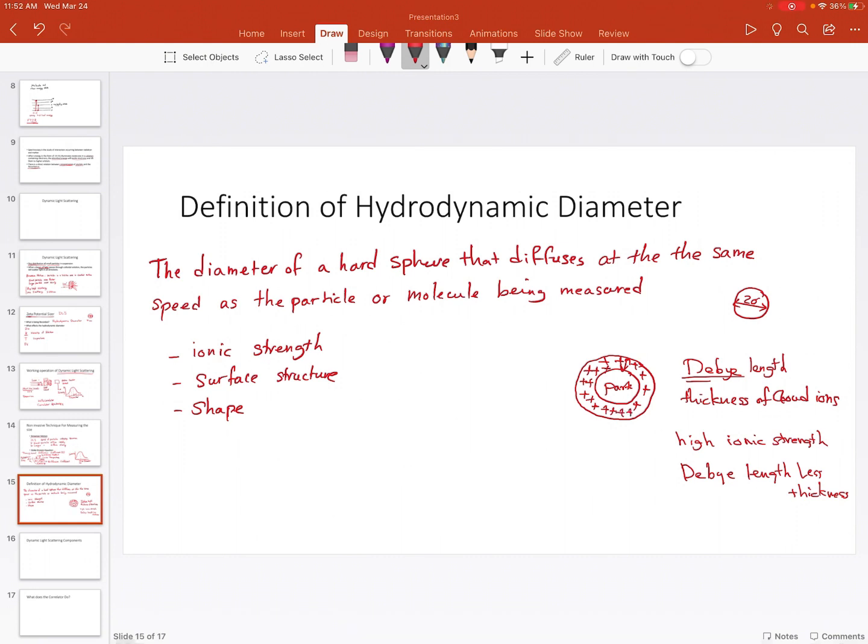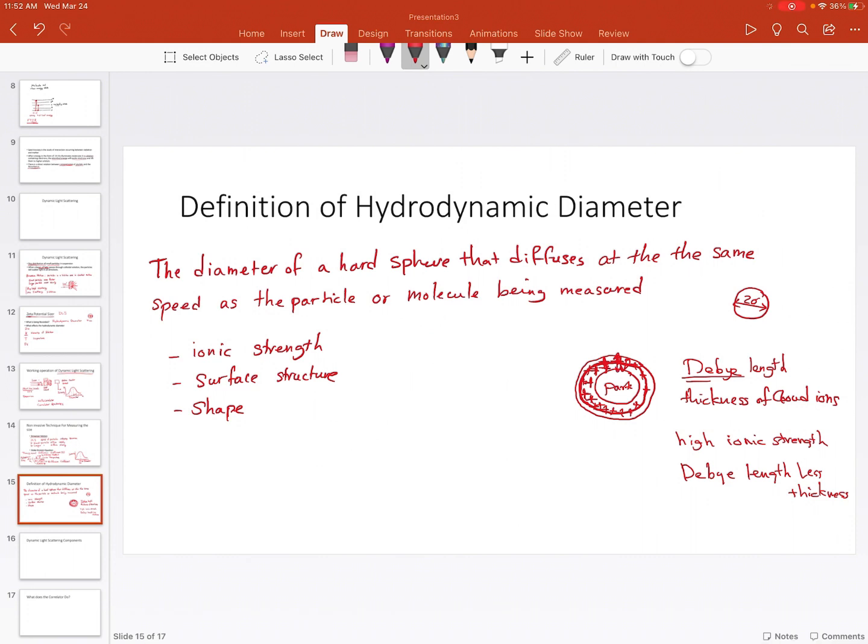The reason is that when the ionic strength is high, the ions are going to compress the layer. Because of the high ionic strength, they're going to bond with each other, and the Debye length is going to be smaller, because these particles are connecting with each other with a strong ionic bond.